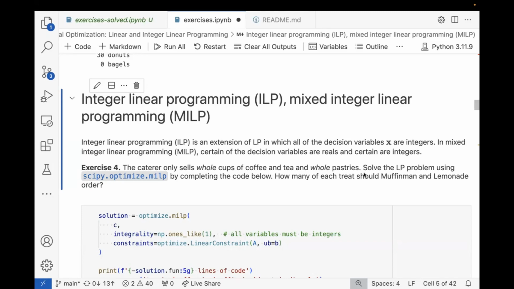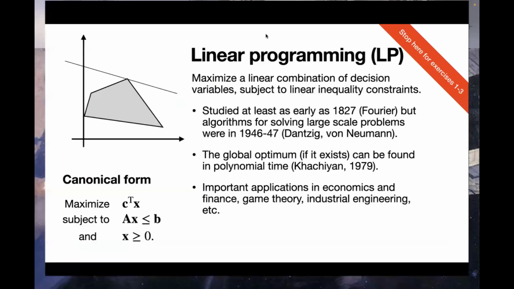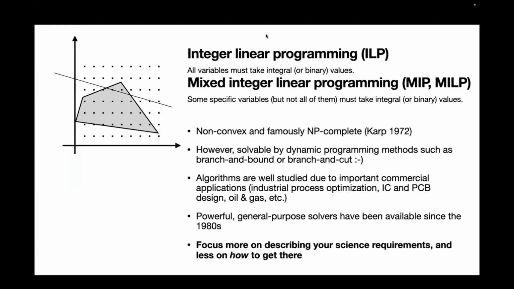And actually, I'm going to switch back to my slides very briefly. So this is now a much more computationally challenging problem. It's non-convex and it is NP complete, which means that there is not a polynomial time solution to it.